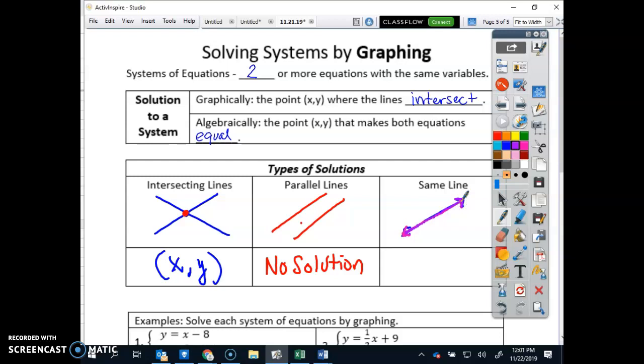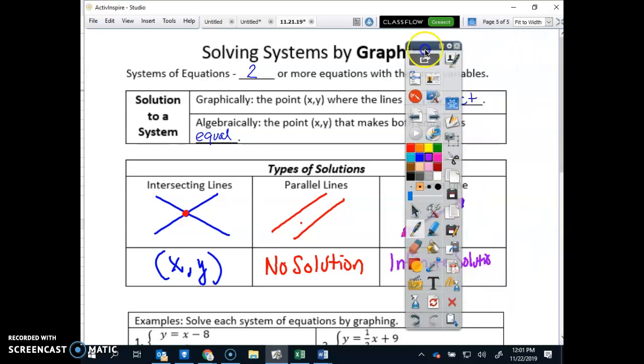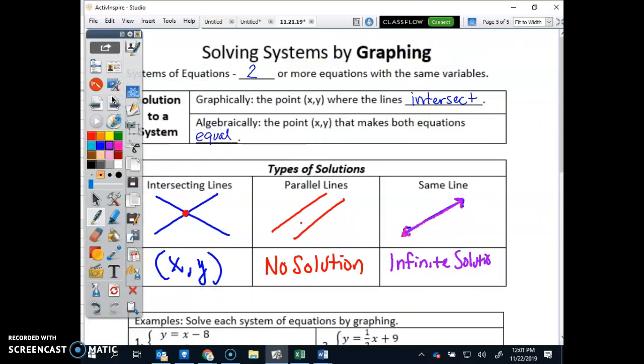So how many solutions do the same lines have? They're called infinite solutions because they keep going forever and ever. Or there's also such a thing as all real numbers. All the numbers, all the solutions in the world.